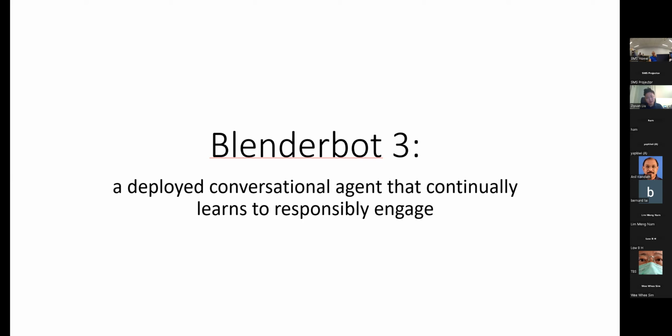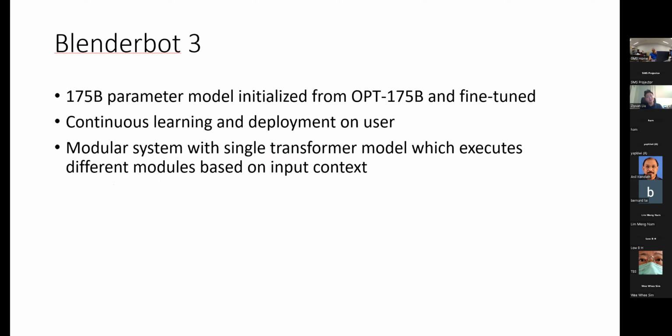What that means is that they have taken a lot of training data from all around the internet, and they have used that to train a very, very large 175 billion parameter model, which was initialized from OPT-175B, and they fine-tuned it for a dialogue task.